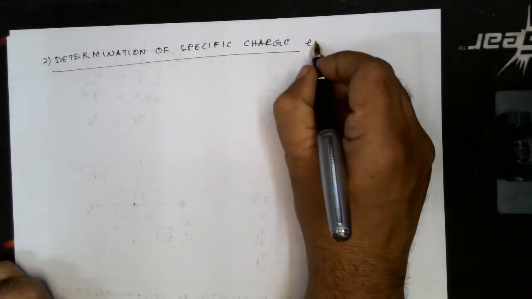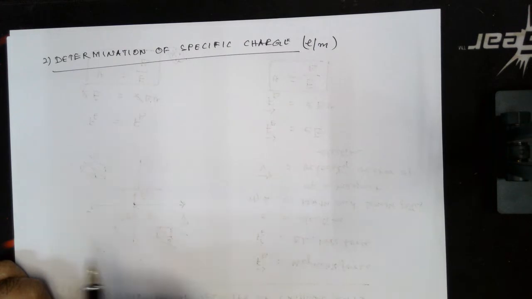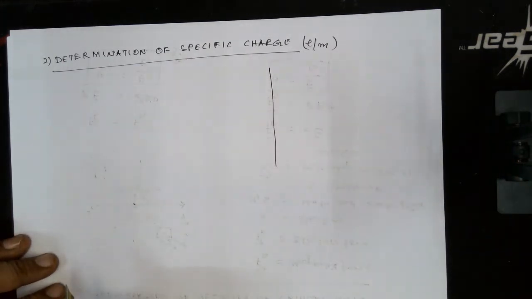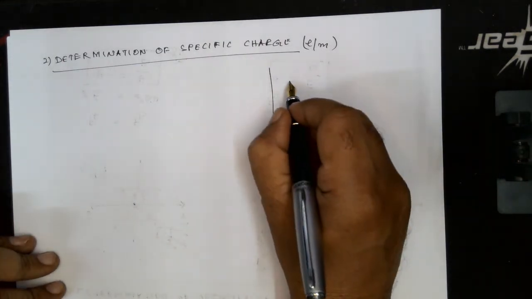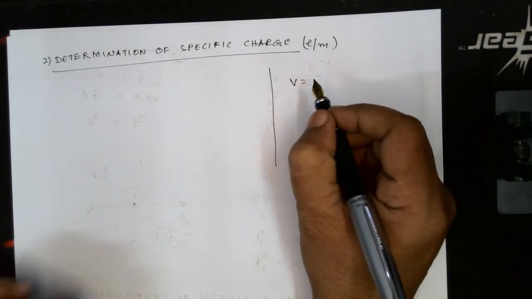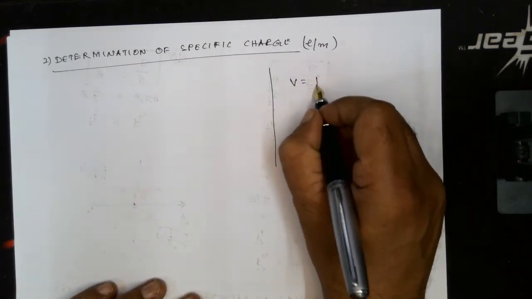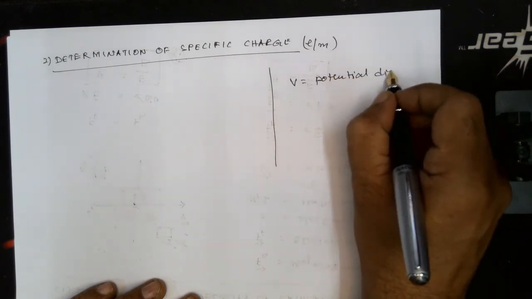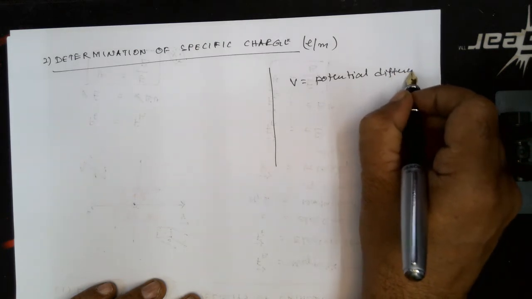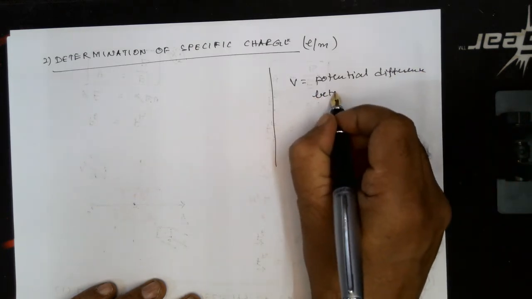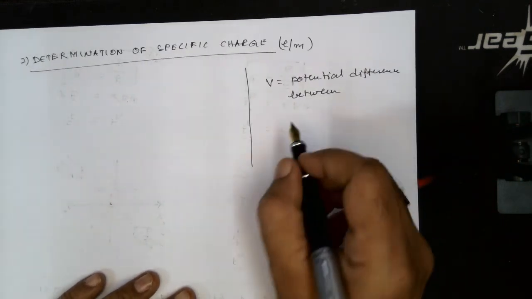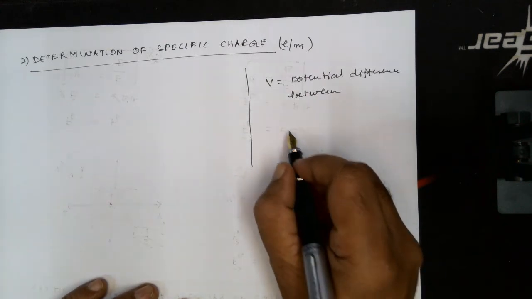Which is nothing but e by m. V is the potential difference between the anode and cathode.